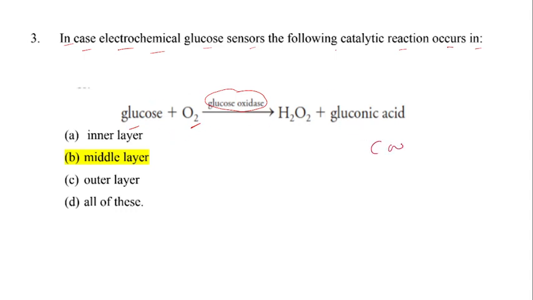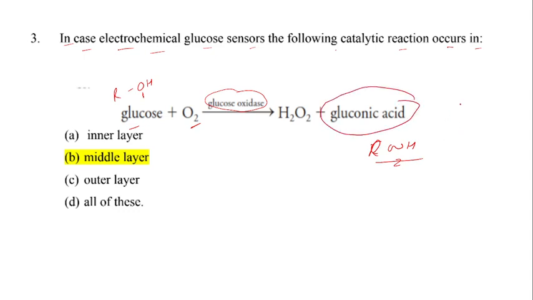So what is the acid formula? Generally in glucose an OH group is found, so you can say ROH to ROH. If one oxygen atom is there, then here it is two atoms. So an oxygen atom is attaching, so it is oxidizing. Glucose is oxidizing to gluconic acid.